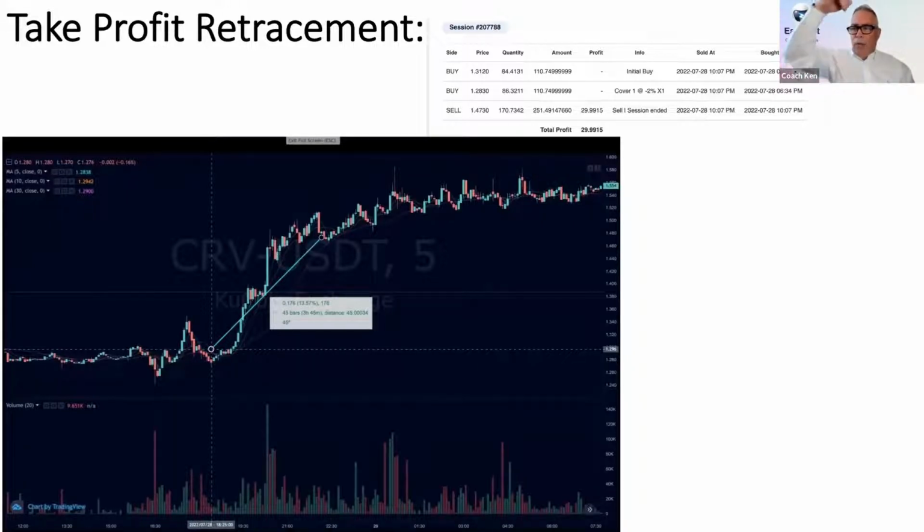Here, when the market drops, we want it to drop fast, because we don't have a trailing stop, we have a trailing buy. And when the market goes up fast, it's the same thing. It's a trailing sell. So we could see right here, this one particular trade on CRV, and this week we killed it on CRV. I know my account did. I've got a buddy whose account did. I mean, killed it on CRV.